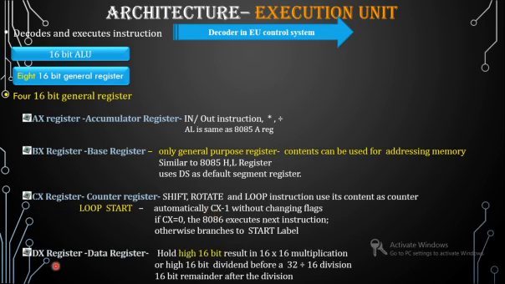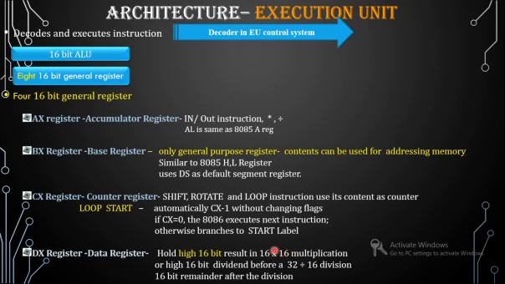So the fourth register is the DX register, or data register, which will hold the high 16-bit result in 16 by 16 multiplication. Why is that necessary? Because if we are considering a 16 by 16 multiplication, you would be taking data in a 16-bit register and data in another 16-bit register.